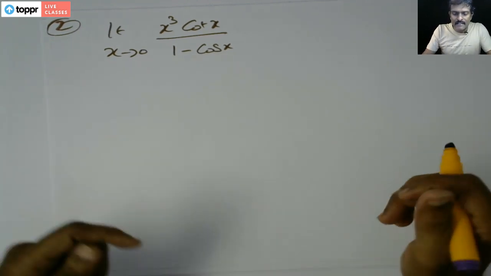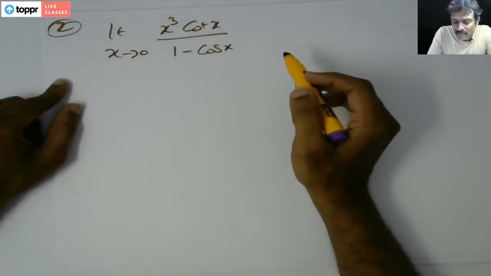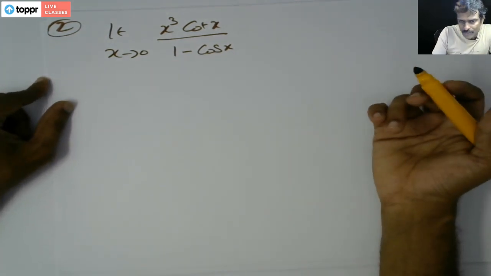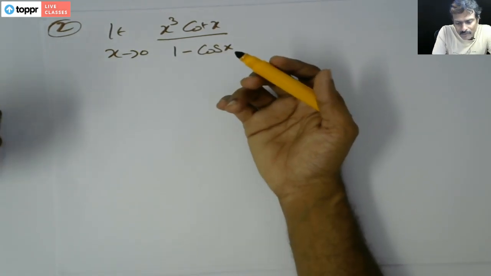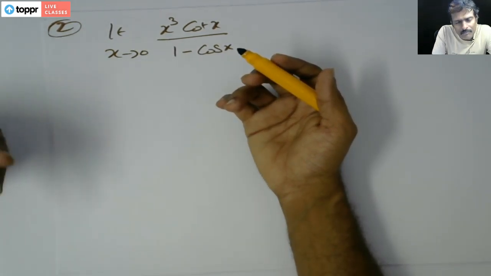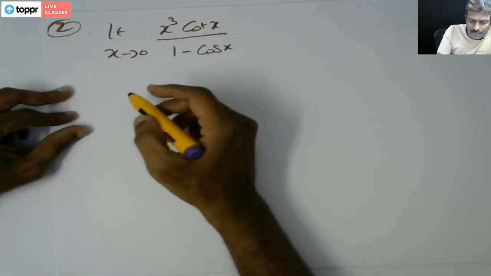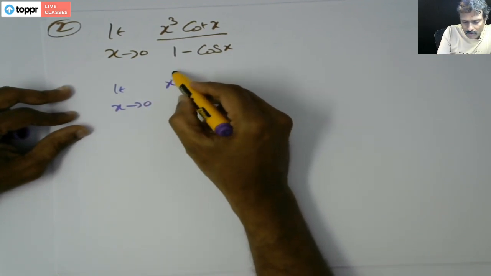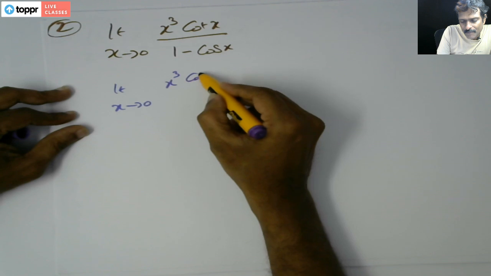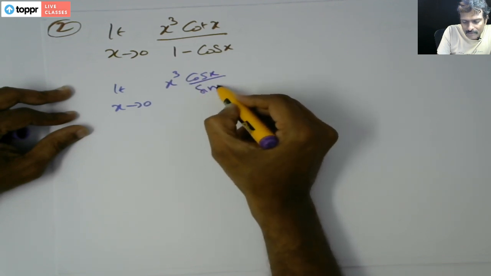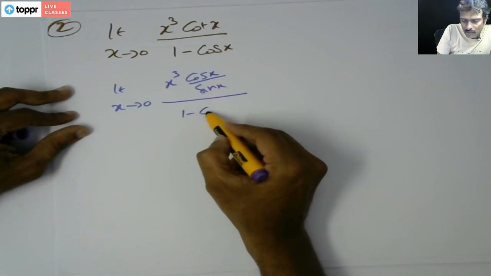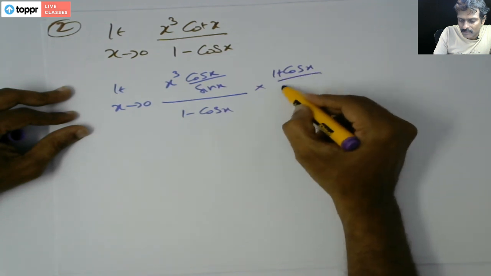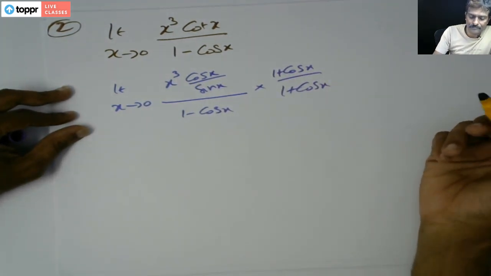Now the second one is limit x tends to 0 of x cube cot x by 1 minus cos x. So how do we do this one? I think by looking at it you might be thinking, okay, you can use some trigonometric identities to solve it. So let us try. Limit x tends to 0 x cube cot x can be written as cos x by sin x by 1 minus cos x, times I multiply it with 1 plus cos x by 1 plus cos x, right?